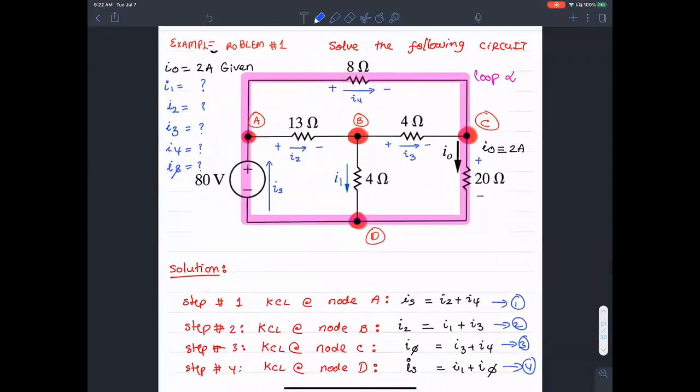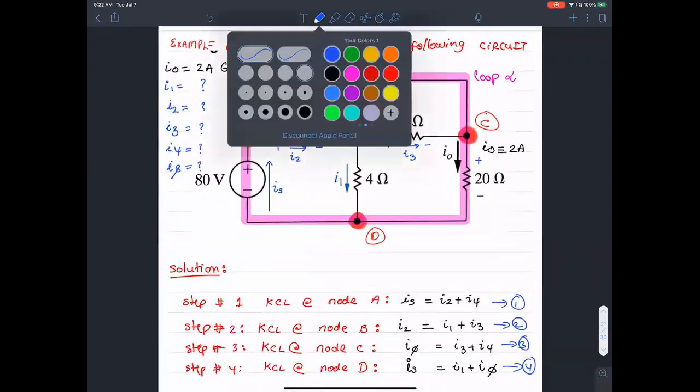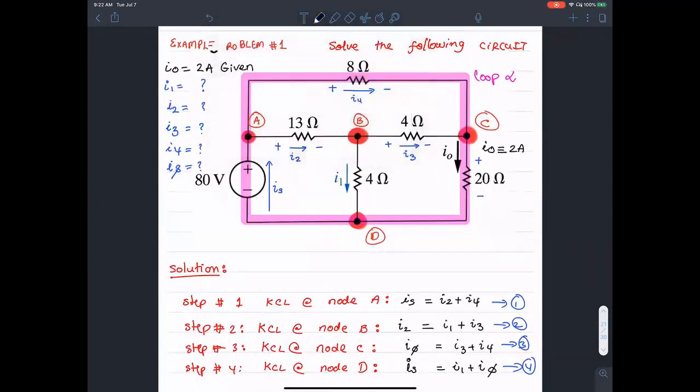You should see I1 equals 7 amperes, I3 is negative 3 amperes, I4 is 5 amperes, I2 is 4 amperes, and IS is 9 amperes.